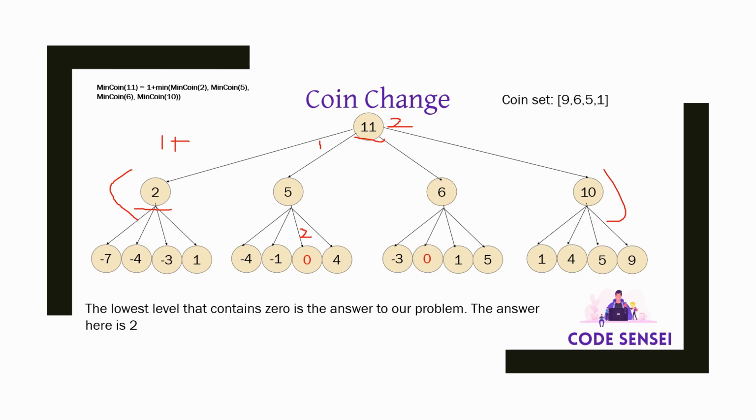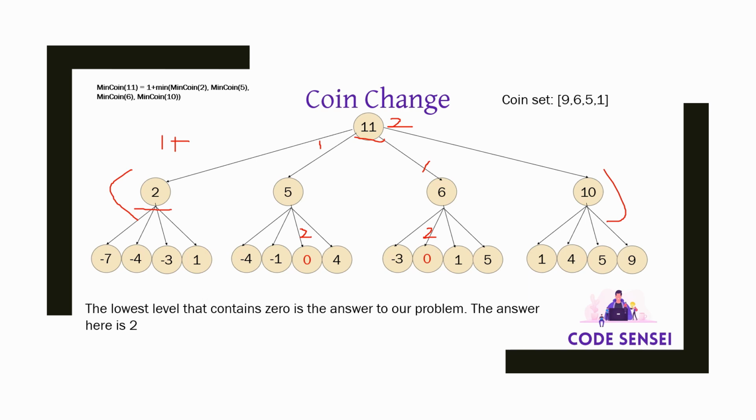The order of the solution doesn't matter, and there can be many branches that will give the minimum value like this. You can either take the coin 5 and 6, or in the reverse order you can also take the coin 6 and 5, which will both make the sum 11.